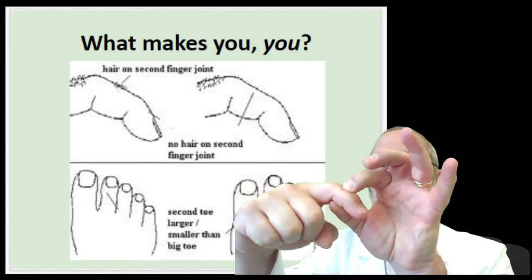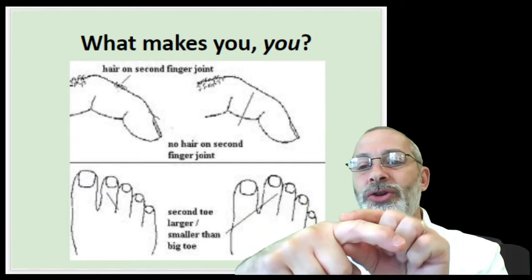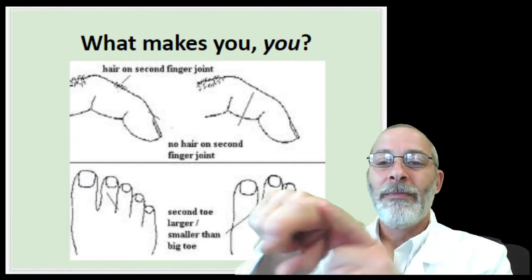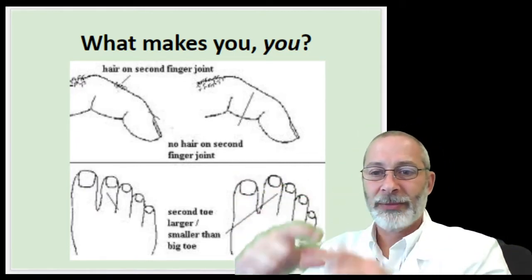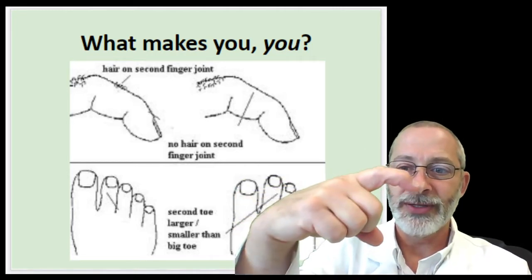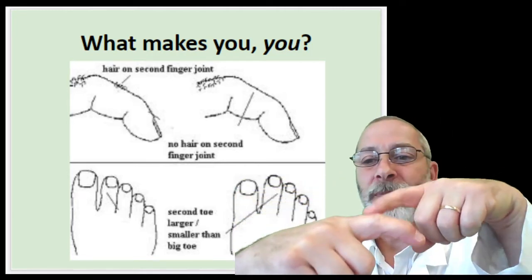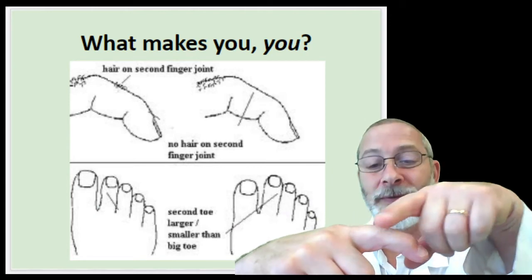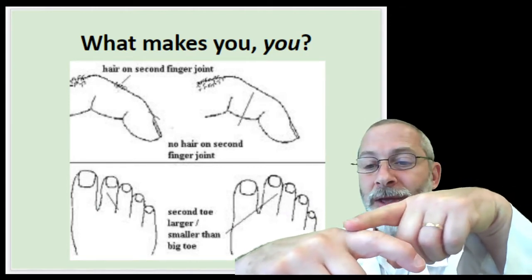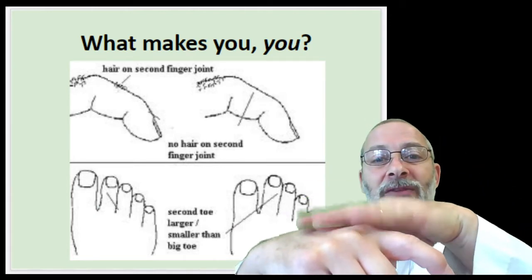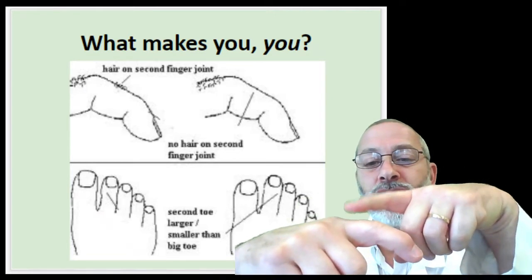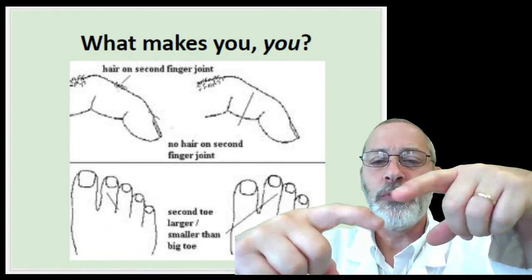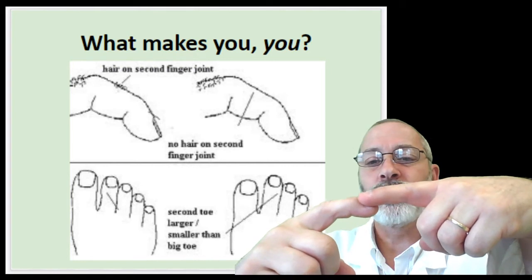This is your second joint. This is your third joint. Now, most people's third joints are going to be hairy. Most people have hair on the back of the hand and on the third joint. Very few people have any hair on their first joint.